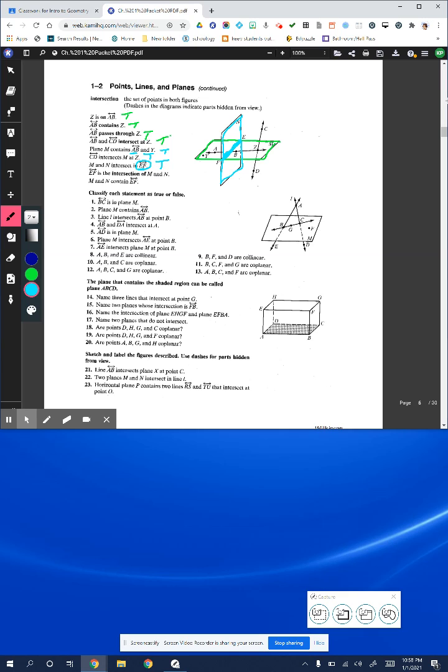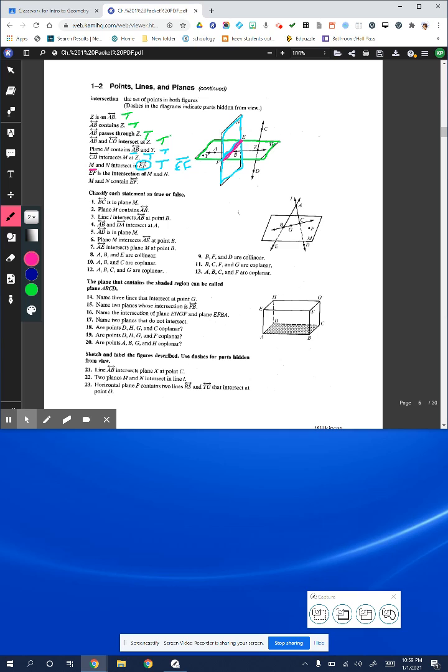And technically, they have EF as a line segment, so it should read EF like this, not with arrows. Little mistake they got there. All right, then this says line EF, so it should be line segment EF, is the intersection of plane M and N. We've already answered that.